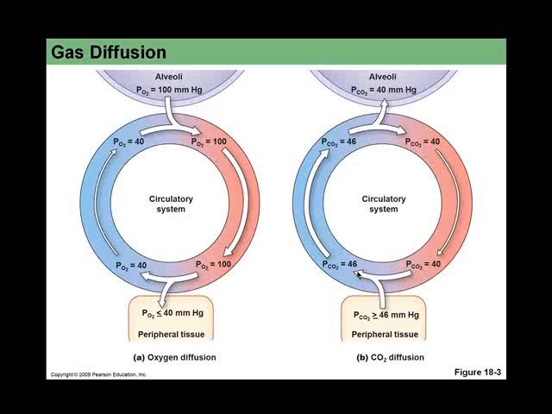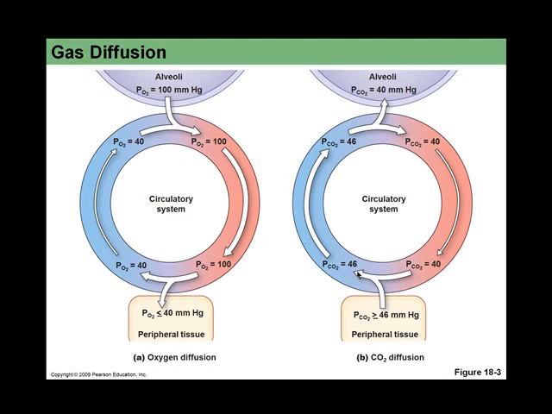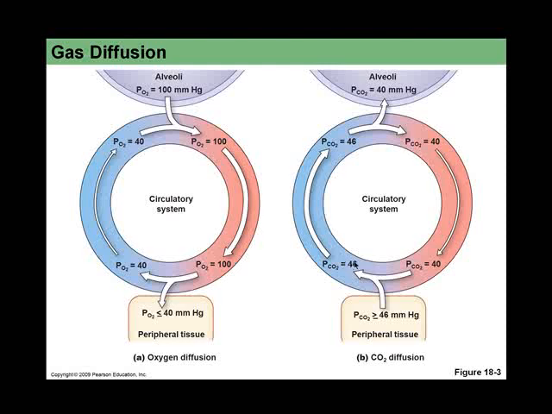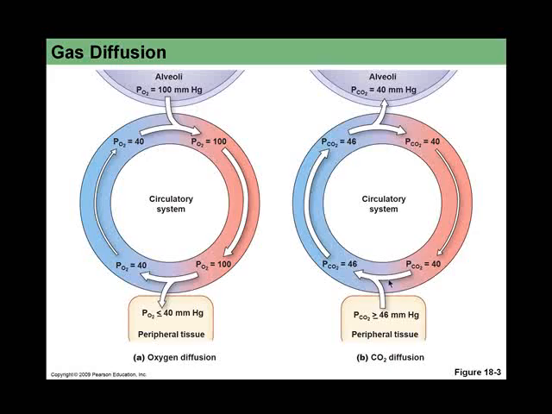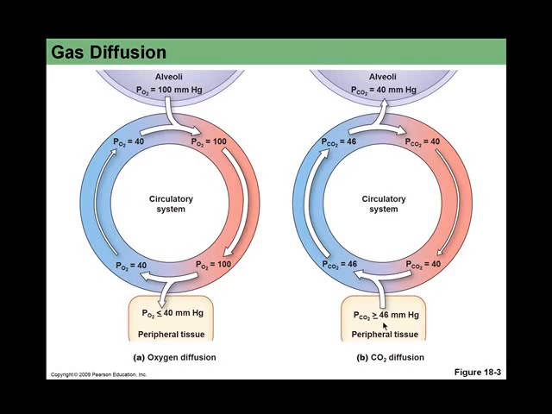So notice that the venule side of the systemic capillary bed is at homeostasis with the tissue. So if you measure venous PCO2 and it is higher than 46, you expect that that's the same that you would find in the peripheral tissue. So this is an important relationship here.